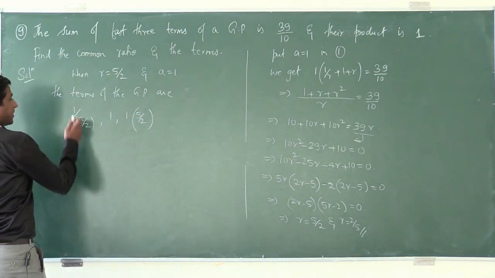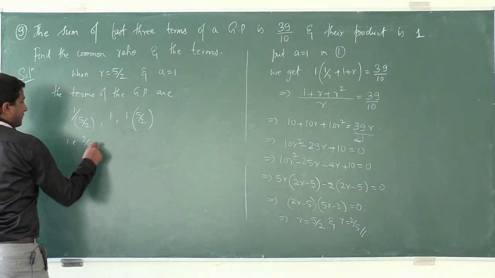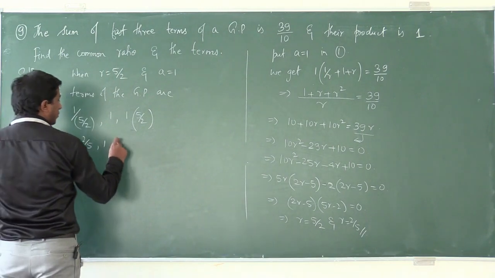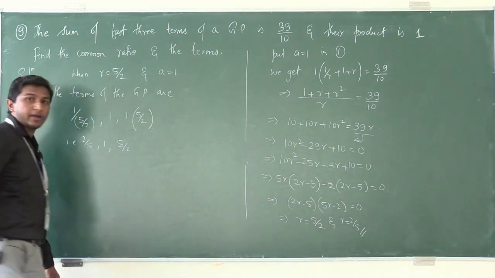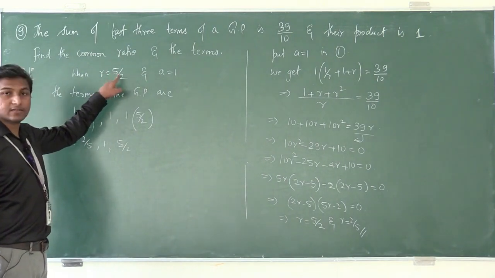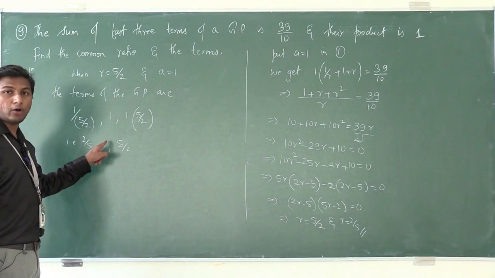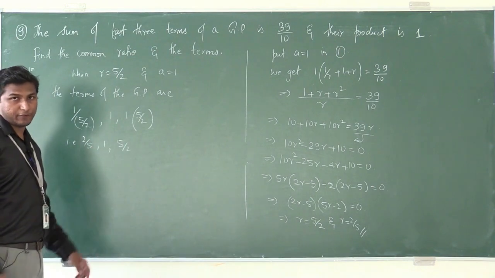So this is nothing but 1 by 5 by 2, which is 2 by 5, comma 1, comma 5 by 2. So the GP when r takes the value 5 by 2 is 2 by 5, comma 1, comma 5 by 2.